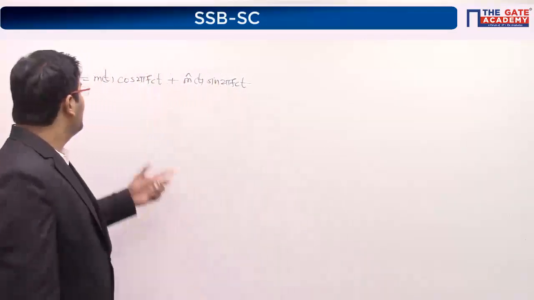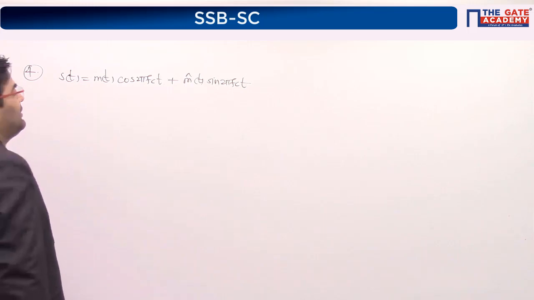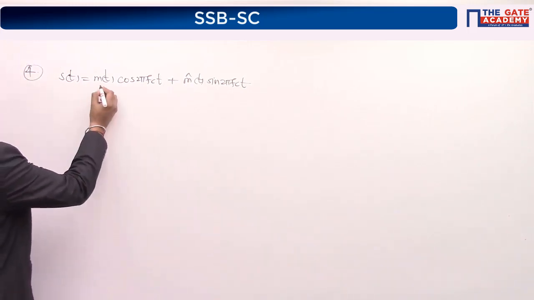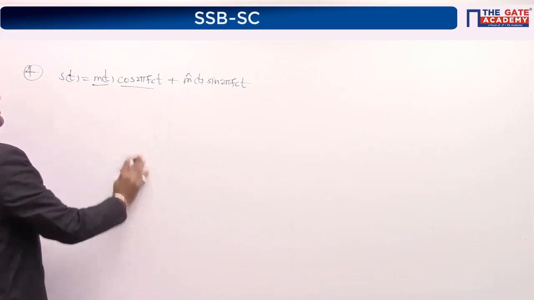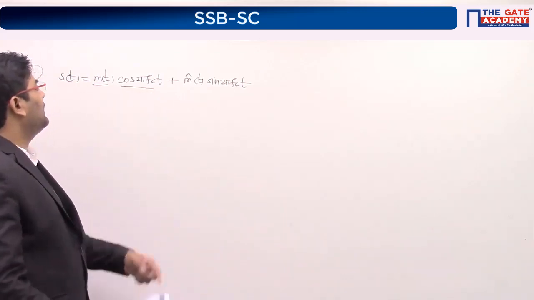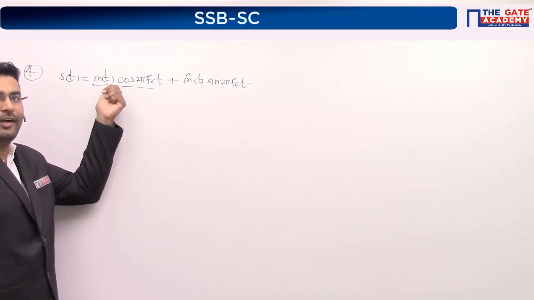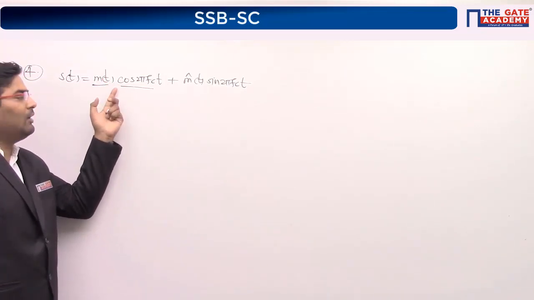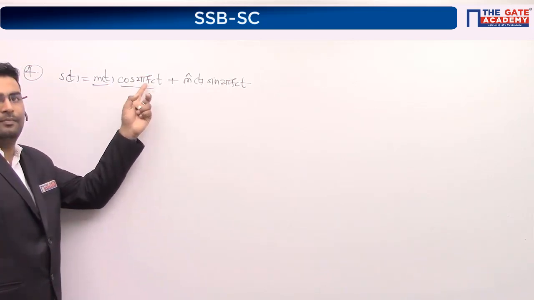Guys, if you look at this, which I will explain, I can say in 10 minutes as well. First of all, you are multiplying this signal with cos. So obviously this will shift. Don't forget the basics. This will shift m omega to fc.